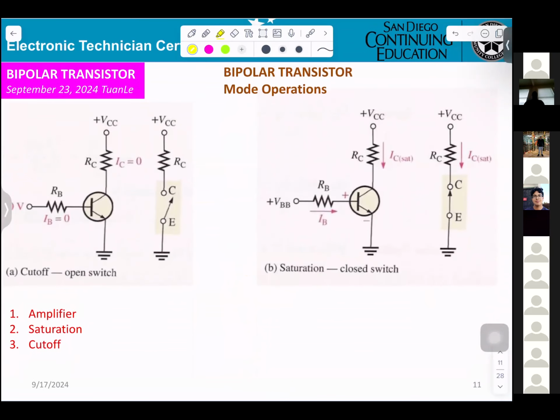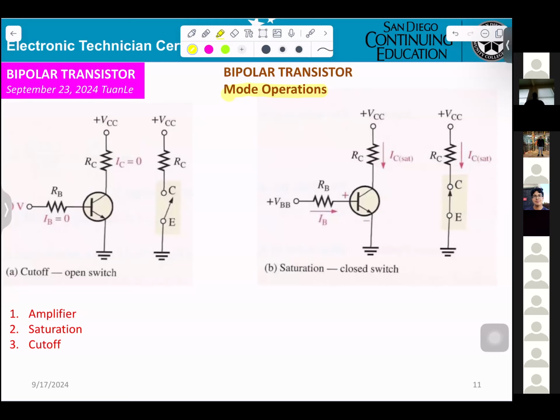The next one. Let's see. Bipolar transistor mode of operation. First thing, the transistor can be active for an amplifier. It can be saturated or cut off, that's just for the switch.